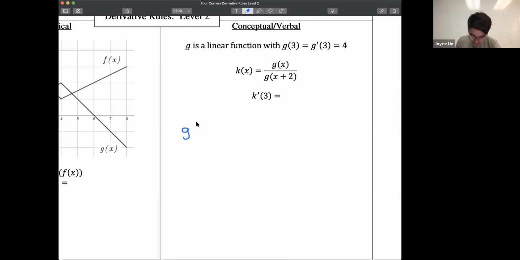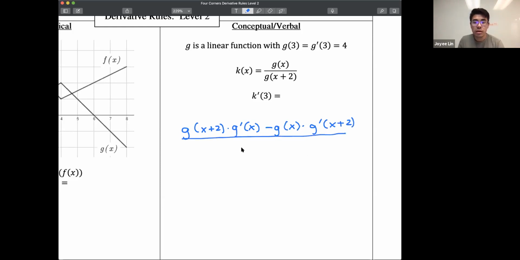I'll even be nice and write out the quotient rule for you. Low d high minus high d low, all over the square of what's below.